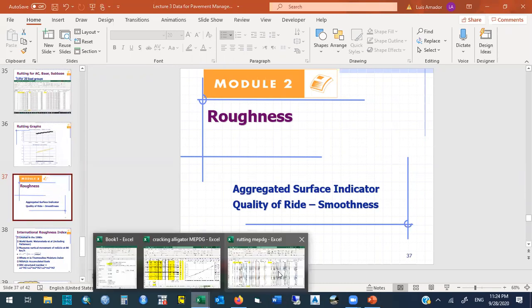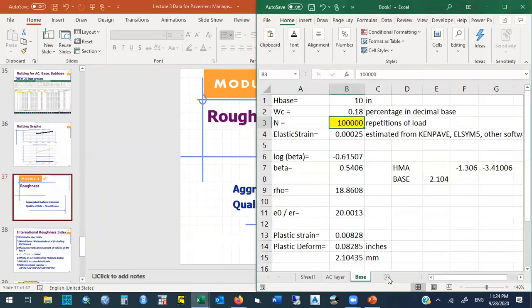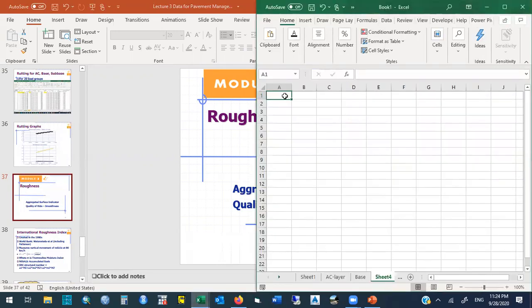For instance, I know that if my rutting is less than 13 millimeters, I can still do maintenance and rehabilitation of the pavement. But when the rutting is bigger than 13 millimeters, pavement is gone. Have to do reconstruction. Could be partial reconstruction or full reconstruction.